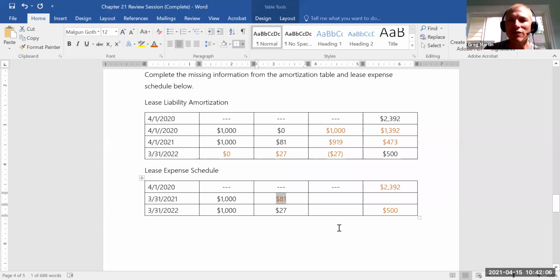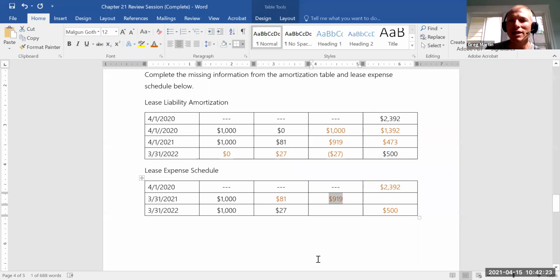Okay. Given that lease expense and given the inferred interest, what must the amortization of the right of use asset be? Good.